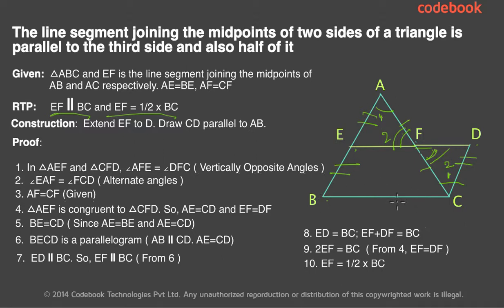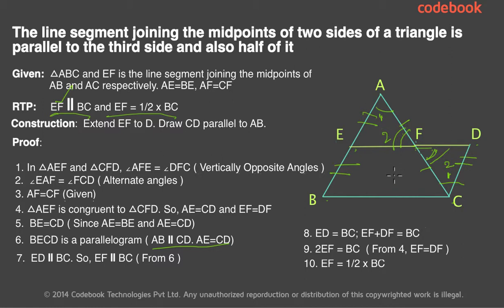So BECD is a parallelogram, because a quadrilateral in which the opposite sides are parallel and equal is a parallelogram. Which means ED and BC are also parallel to each other, which means that EF is parallel to BC, right? So that is what we have proven here.